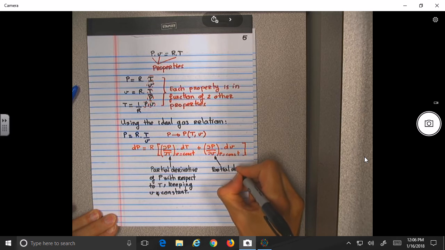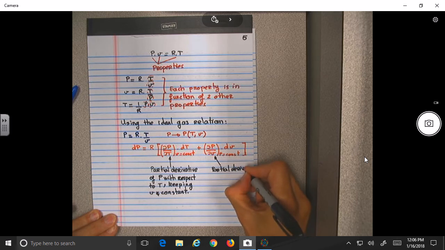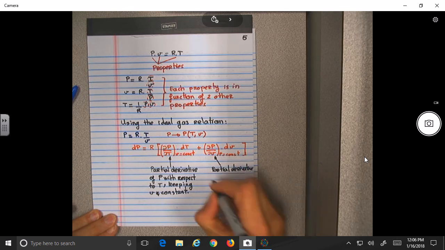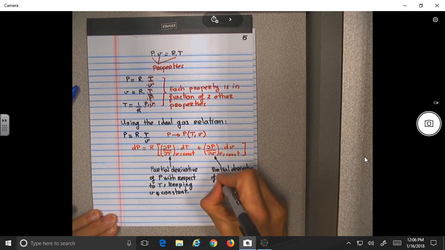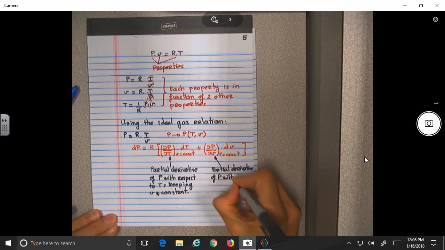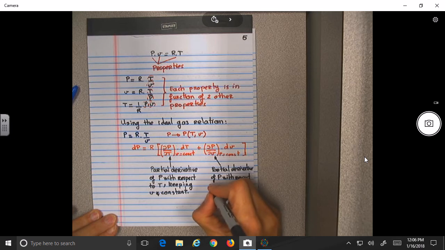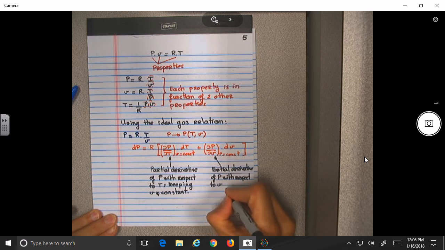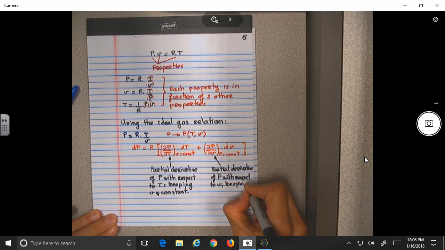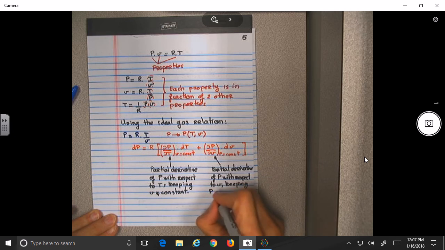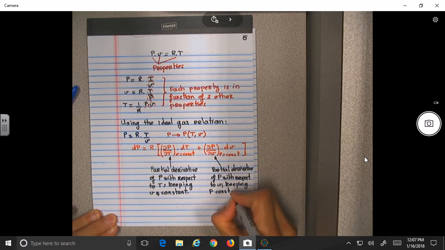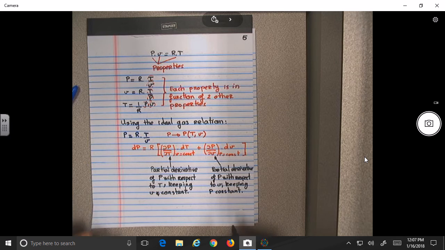Partial derivative of P with respect to volume V, keeping P constant.